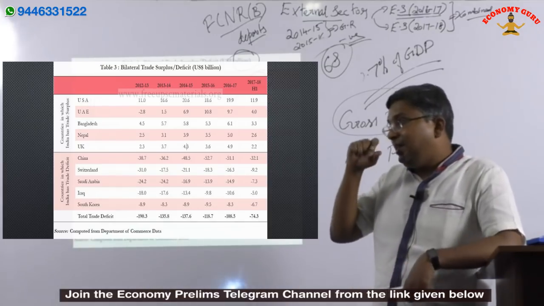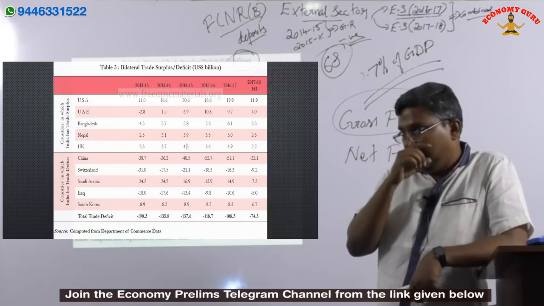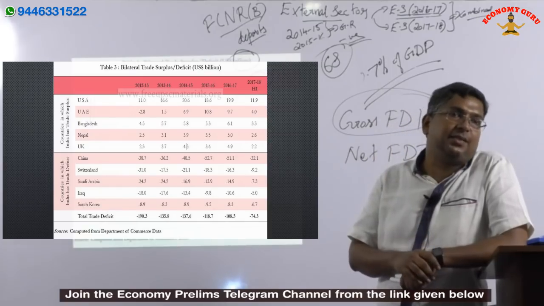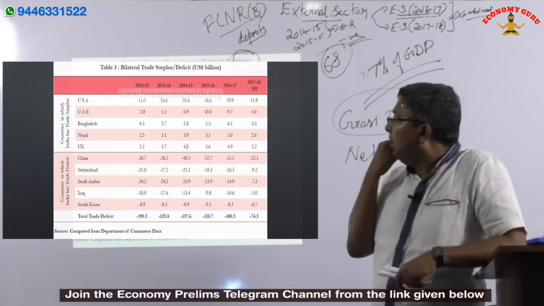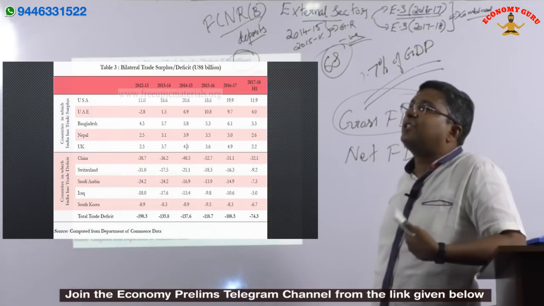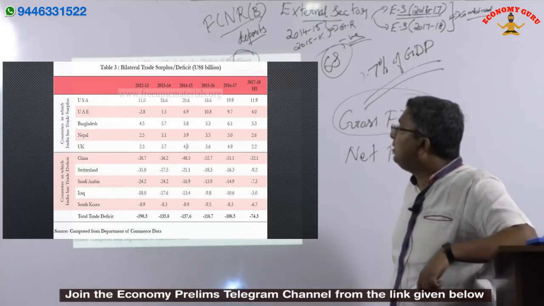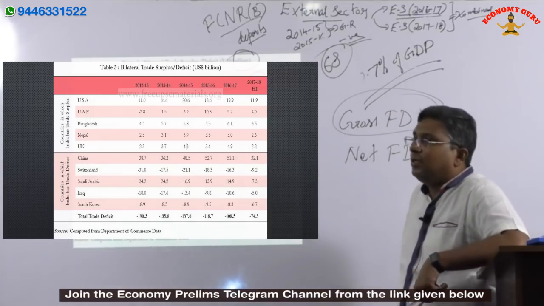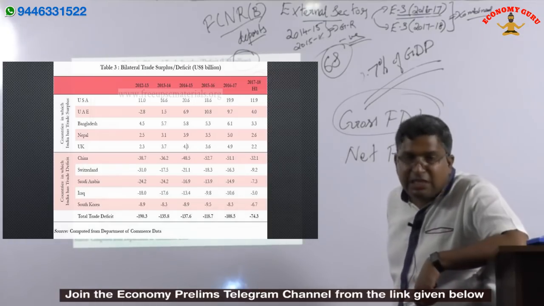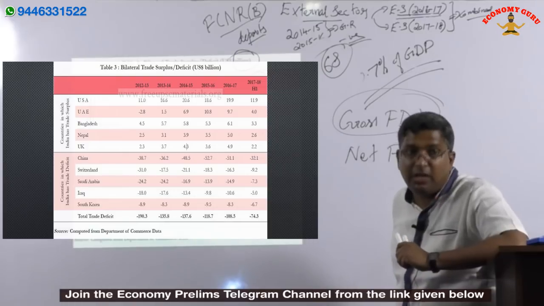It means that India is exporting more to US and imports from US is lesser. Followed by UAE. UAE is the second export destination for India. Then Bangladesh, Nepal and UK. So try to understand that with these 5 countries, India is having trade surplus. So always keep this in mind.